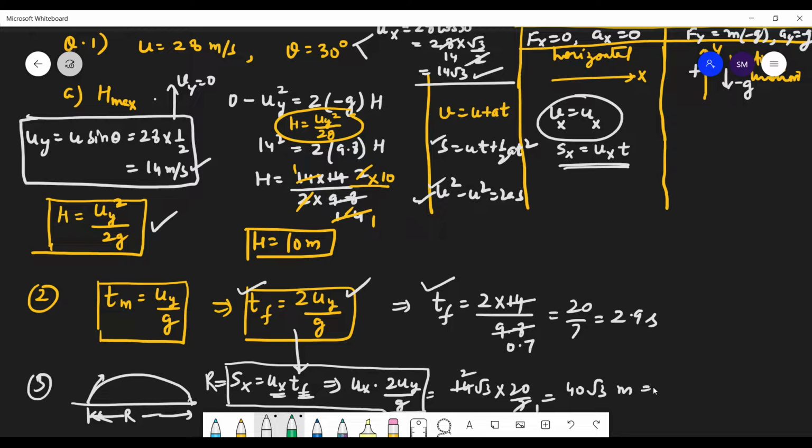So 40 root 3, you can write it as 40 into 1.732. So that comes out to be 17.32 into 4, which is 69.28 or 69.3 meters. So students, that is the range.